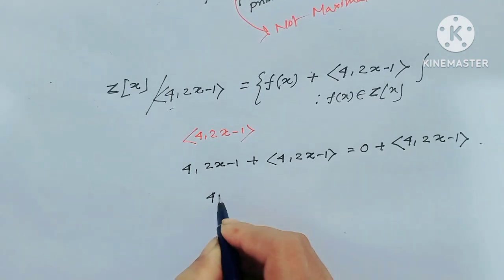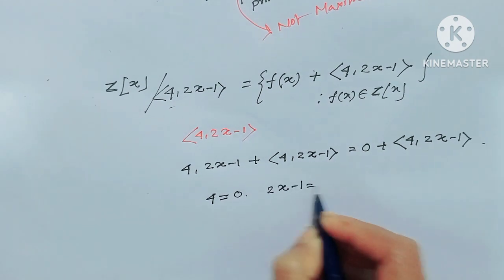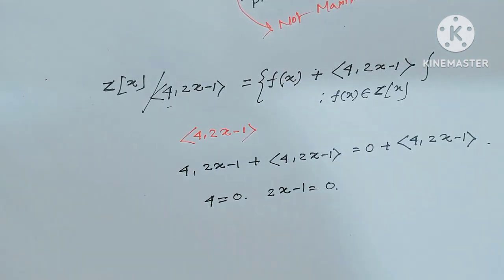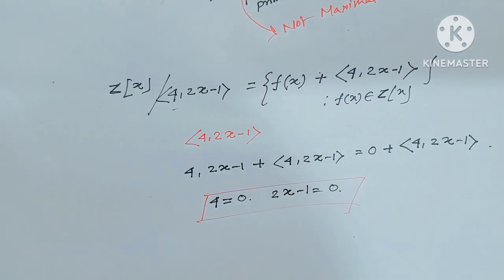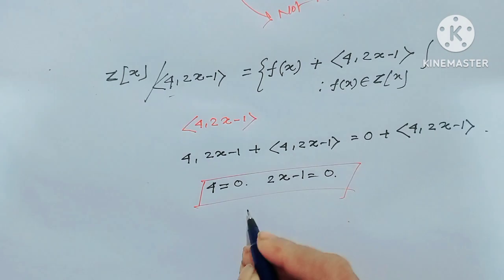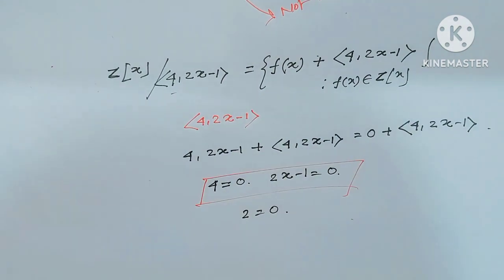That implies 4 equal to 0 and 2x minus 1 equal to 0.